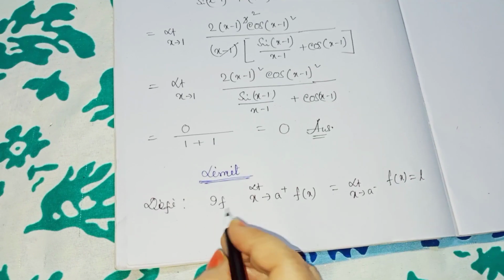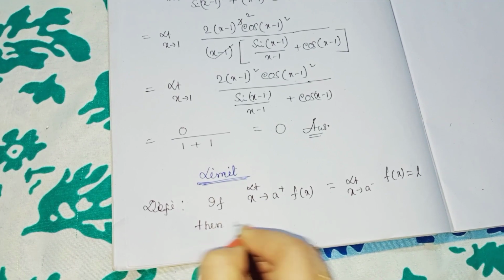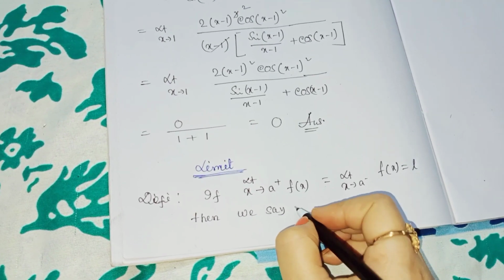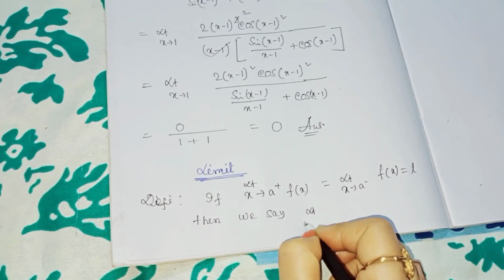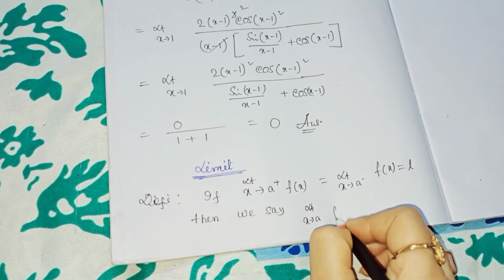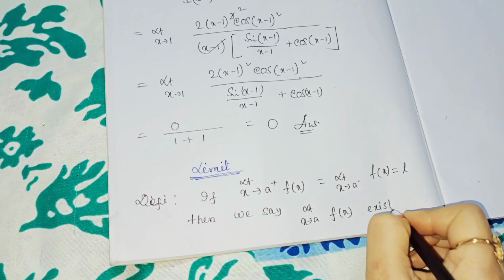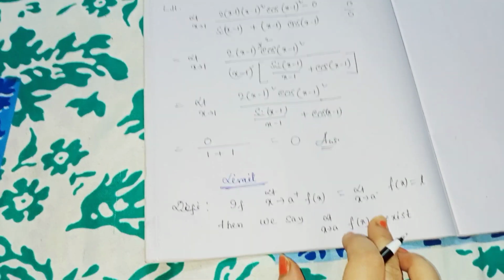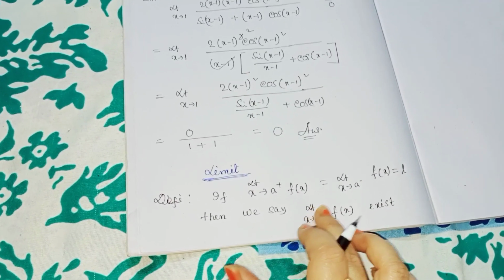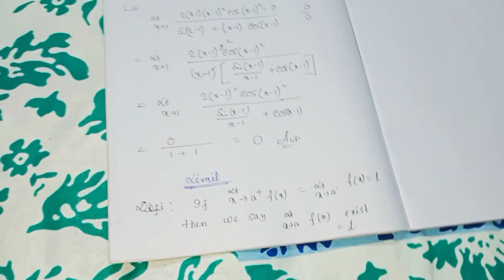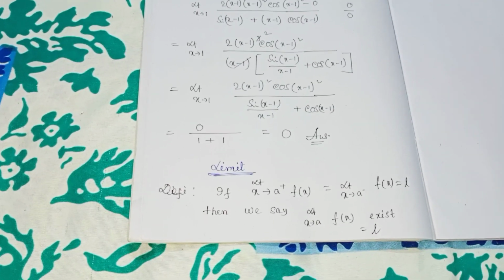Then we say the limit x tends to a f of x exists. So limit x tends to a f of x is equal to L, some finite number.